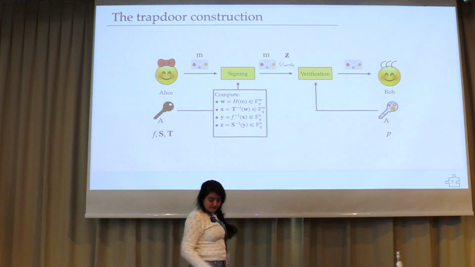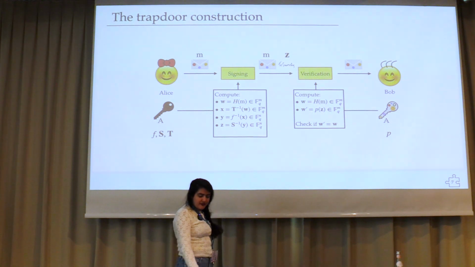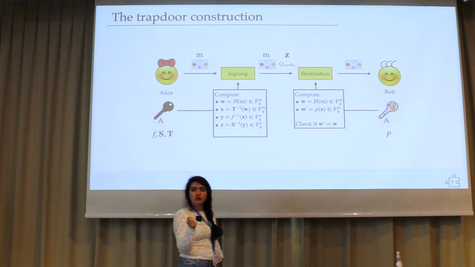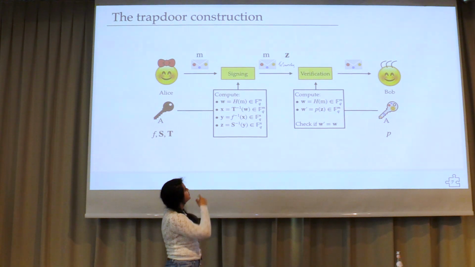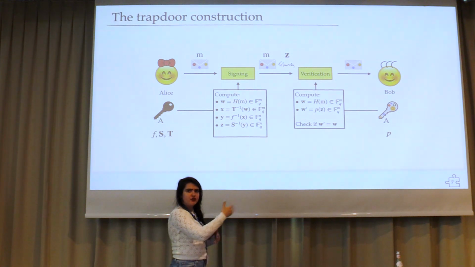And then, when Bob receives this message, he can first hash the message, right? So he knows what the target is. So he obtains W as well. And then he gets this signature, this Z vector. He plugs it into the public map P. And this is easy because you're not inverting the map.